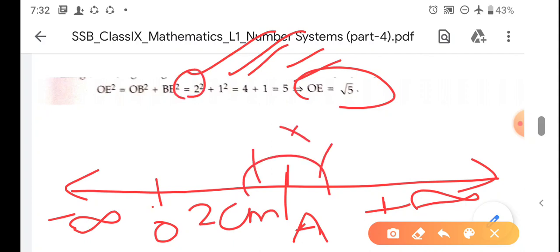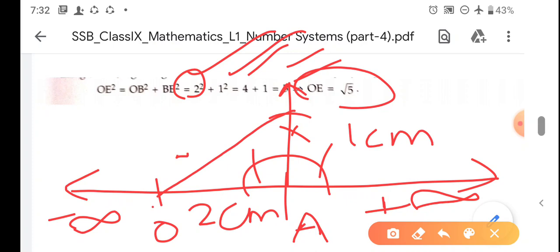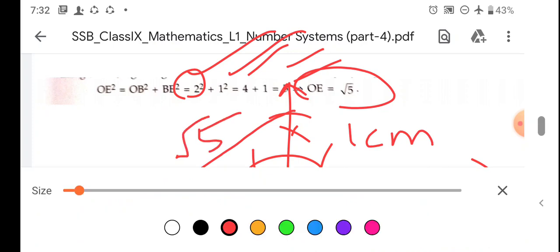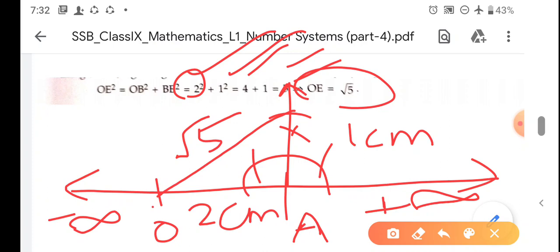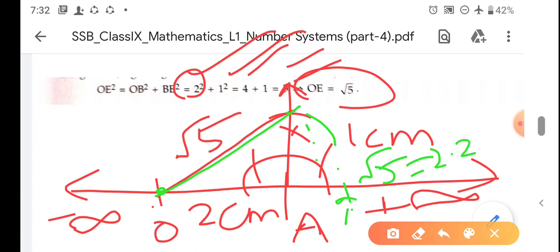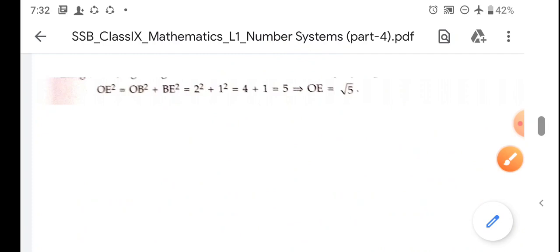Now draw an angle of 90 degrees and cut 1 centimeter. This is your hypotenuse and this is root 5. With O as the center and the distance root 5, we mark root 5 on the number line. Root 5 value is 2.236, so definitely you will get it between 2 and 3.